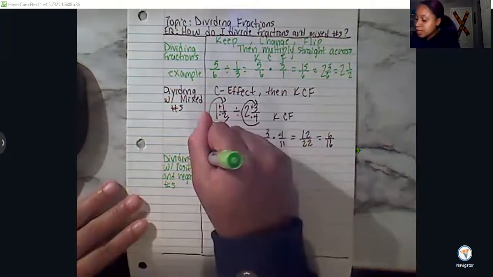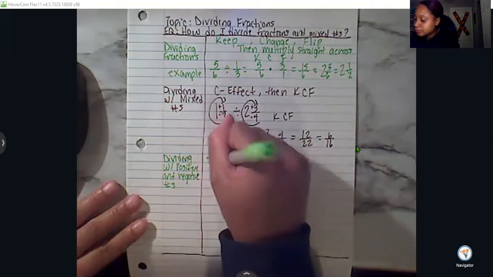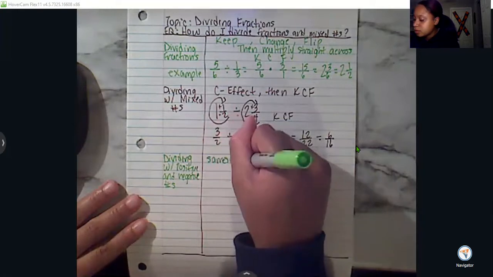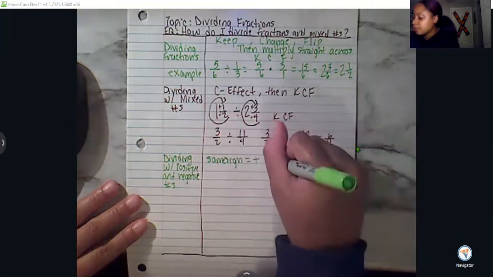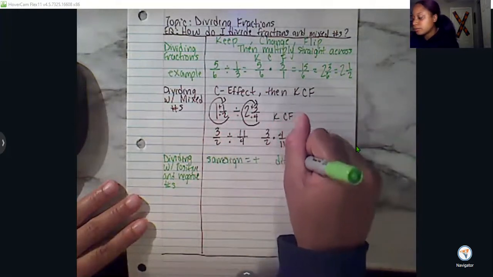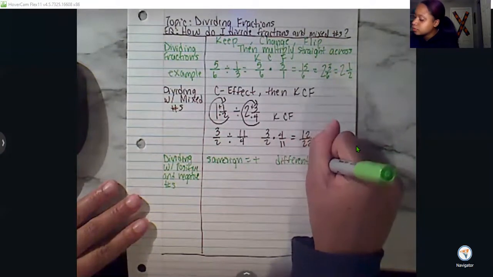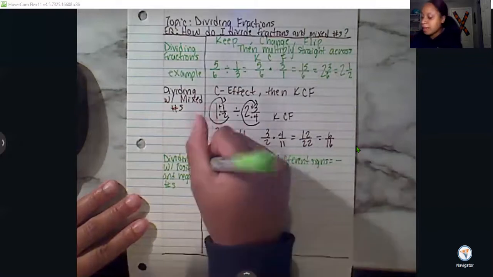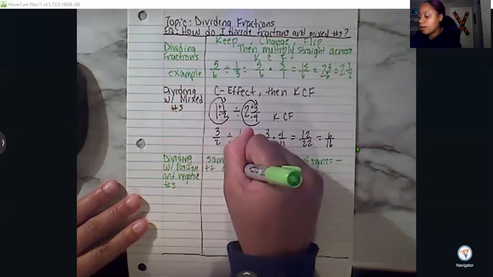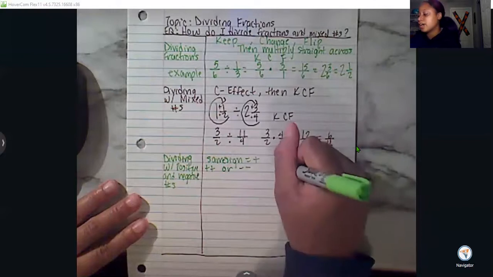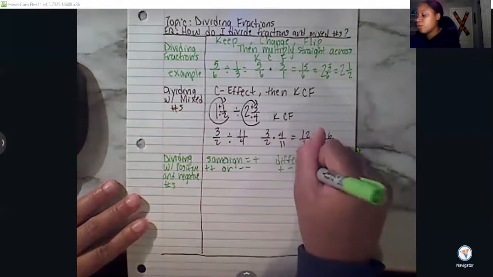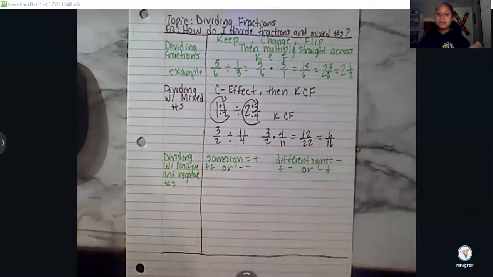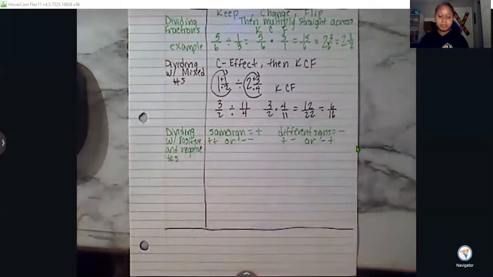Same sign equals positive, different signs equal negative. By same sign, I mean positive and positive, or a negative and a negative. Different signs are a positive and a negative, or a negative and a positive. Any variation of these two should get you your final answers.